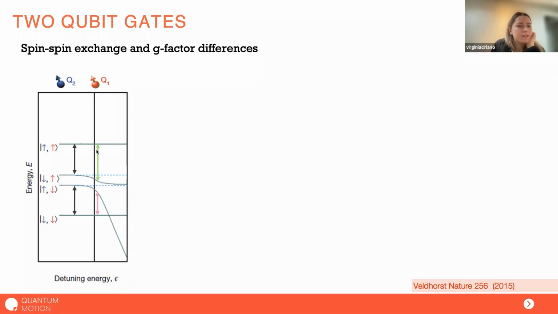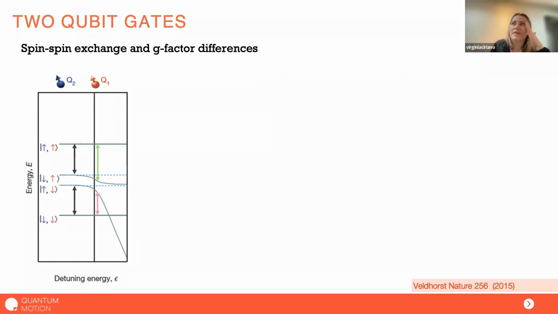Okay, so what the combination of the difference in G-factor and the exchange interaction has done to us is that now the energy between having the blue dot with a spin up or spin down, which is the pink arrows, is different depending on whether the red electron has a spin up or a spin down.